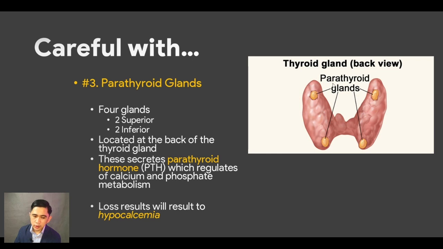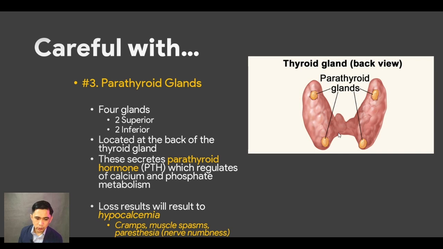If you cut this or damage it during the surgery, it will result in hypocalcemia. Your body won't be able to regulate calcium, and you will have a low calcium level in your blood, which will result in cramps, muscle spasms, paresthesia, and nerve numbness. So very disastrous if you won't be able to identify.